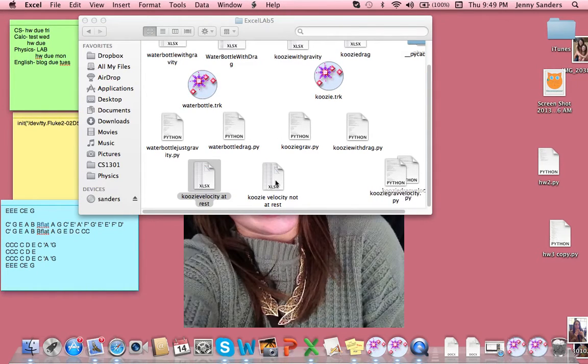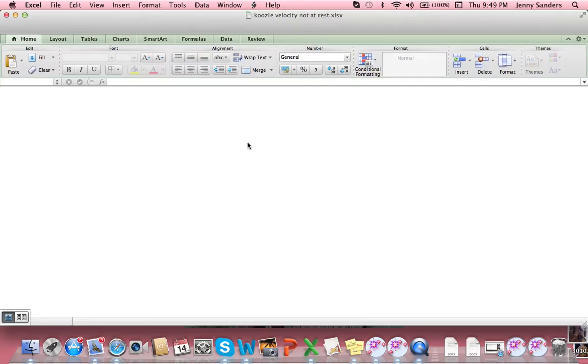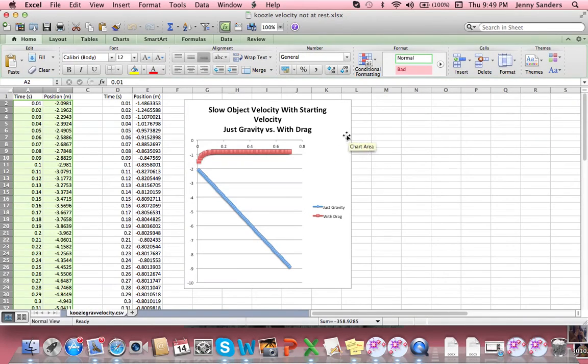With the what-if question, we looked at an object if it is not just dropped but propelled with a downward velocity, and the same thing occurred. The red one's with the drag, the blue one is with just gravity. The red one actually ended up having a terminal velocity just like the other one.